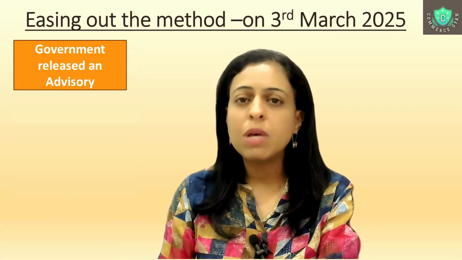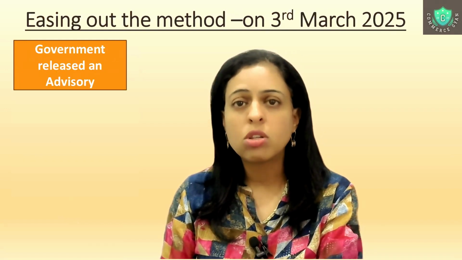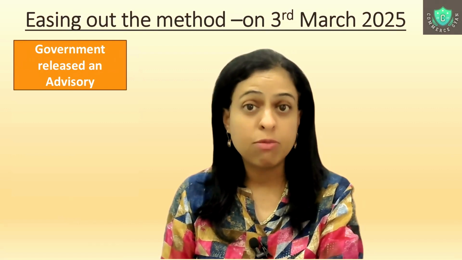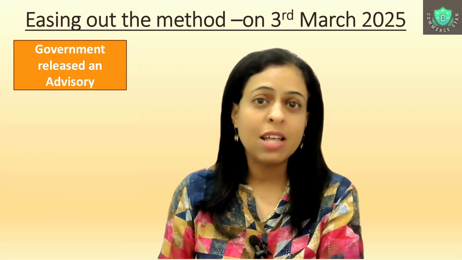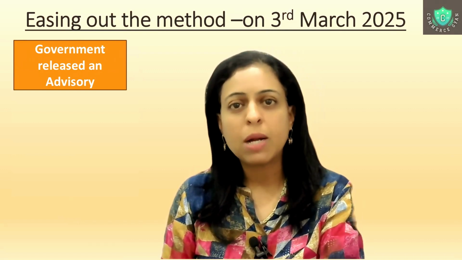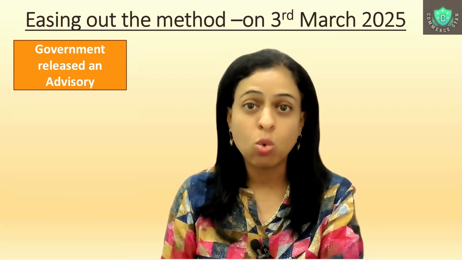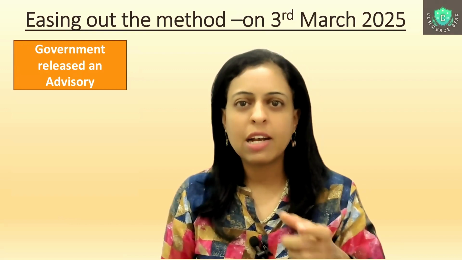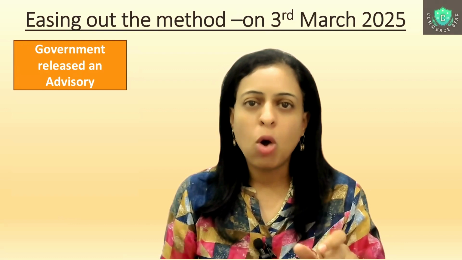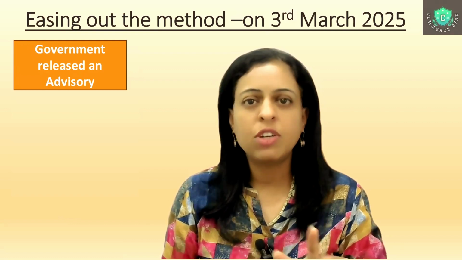So this method now has been eased out on 3rd March 2025, but there is again also something which the department has held as no, in such cases you are not allowed to do it. So what is that negative aspect, or what is the problem area still prevalent even after 3rd March?